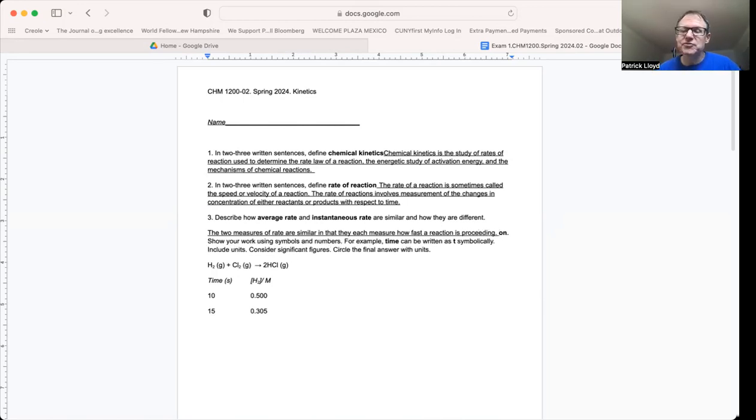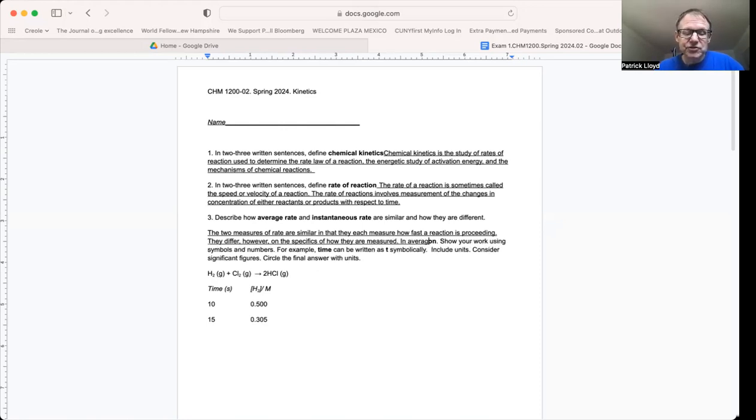They differ, however, on the specifics of how they are measured.